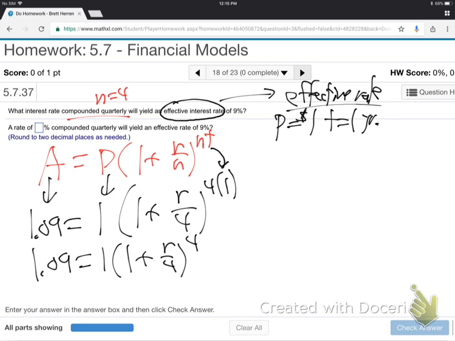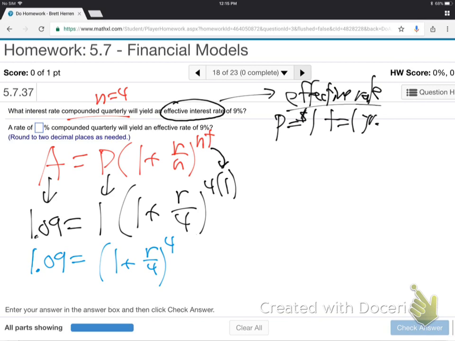Can you finish it from there? Let me let you finish it from there. So how do I solve this thing for R? Do I have a number or a letter in the power zone?